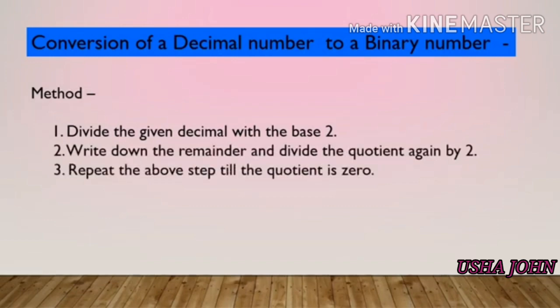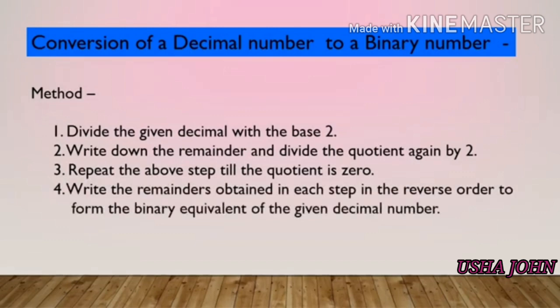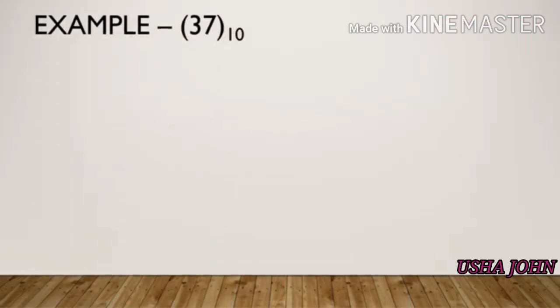Repeat the above step till the quotient is 0. Write the remainders obtained in each step in reverse order, from the bottom up, to form the binary equivalent of the given number.